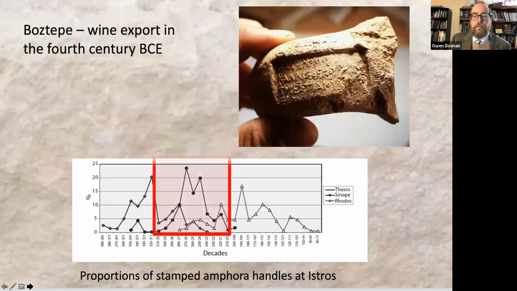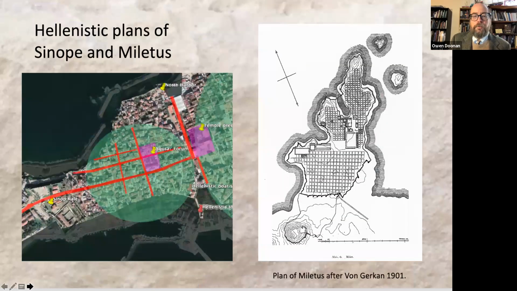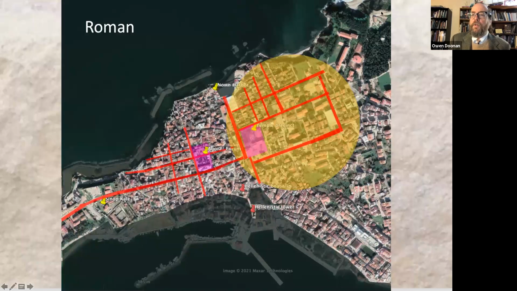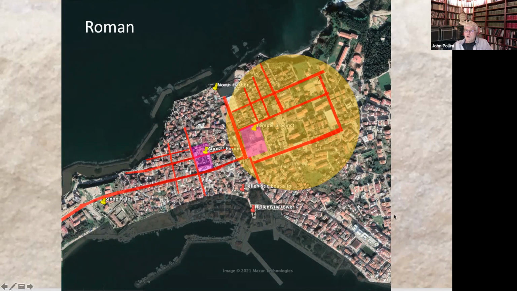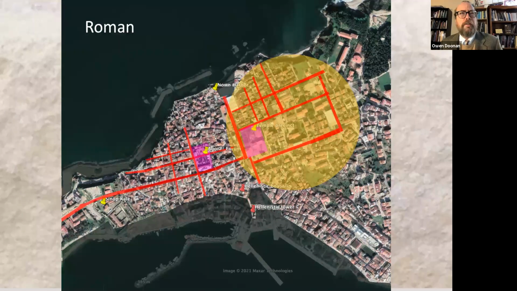Let me just indulge. I had a few slides that tie in with the Roman period. Was it a colony or not? Well, it was a colony, Colonia Julia Felix Sinope, founded, let's see, 47 BCE, by Caesar.